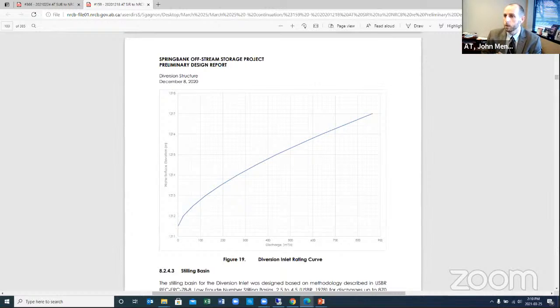And so when we want to hit a constant diversion rate of 600 cubic meters per second, what we have to do is just operate those gates in the river to keep the water level at 1215.8. So if it starts to get above 1215.8, we lower the gates. If it gets below 1215.8, we raise the gates. That's in simple terms, we use the gates in the river to control the water level.